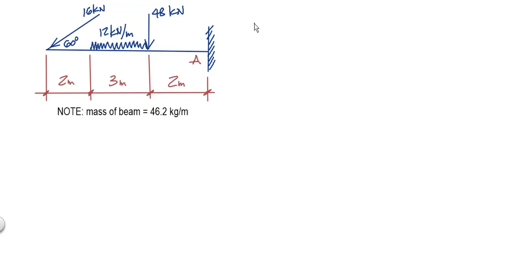So the mass of the beam, we're going to need to work that into a total weight of the beam. Okay, so the weight of the beam, W, is equal to 46.2 kilograms, and of course we need to multiply that by 9.81 meters per second squared.